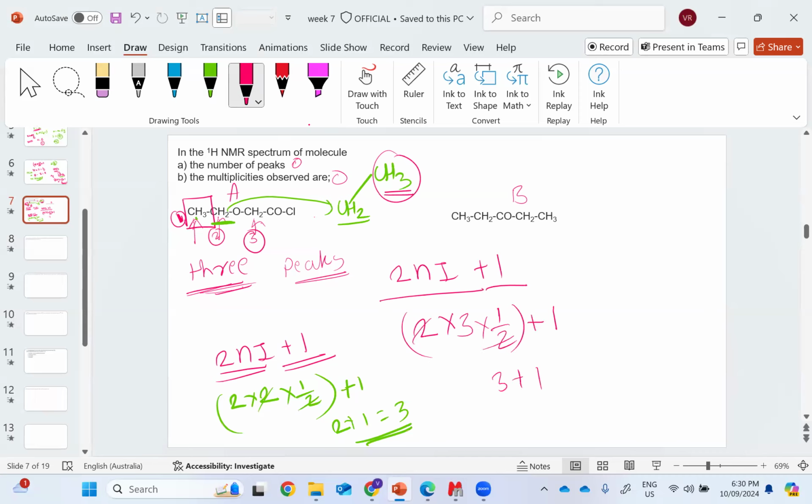So it will be 3 plus 1, which is 4, so it will be a quartet, right? The first methyl shows a triplet, and this CH2 shows a quartet. What about this CH2? Can anyone tell here?